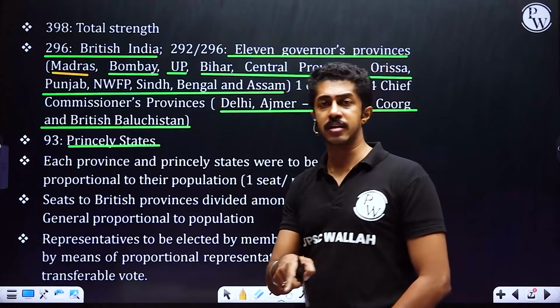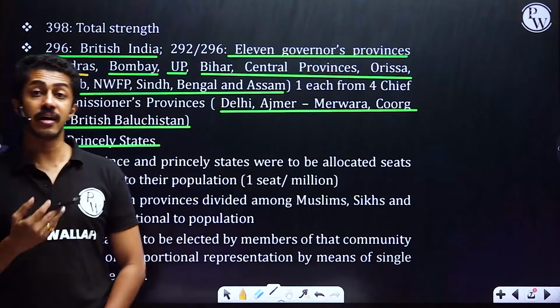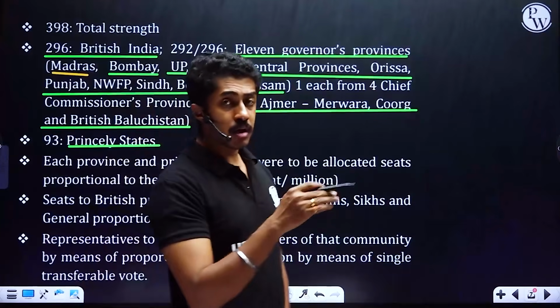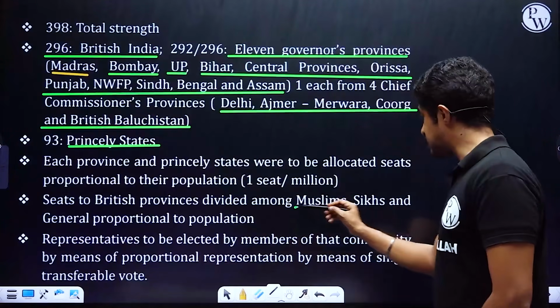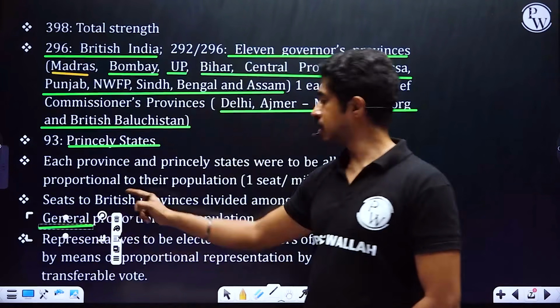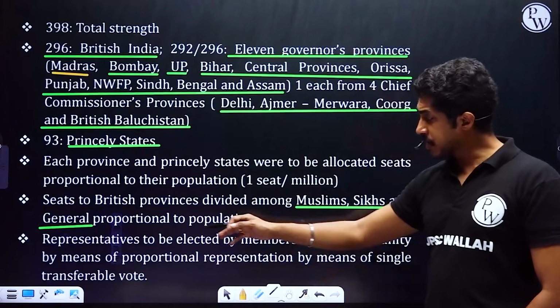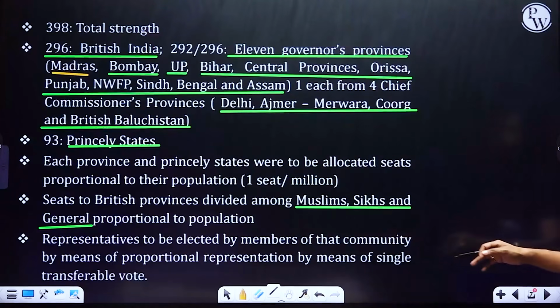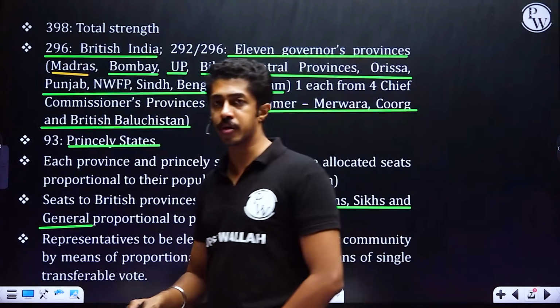Same thing for British India. But British India, we know, they are very famous for what? Dividing us. So there, seats were arranged for Muslims, Sikhs, and the general population proportional to their numbers. Representatives were to be elected by members of that community by means of proportional representation by means of single transferable vote.